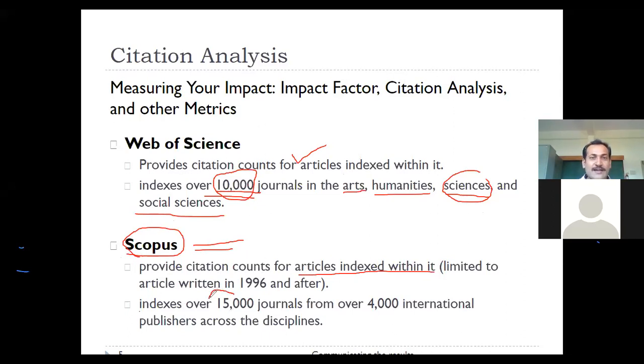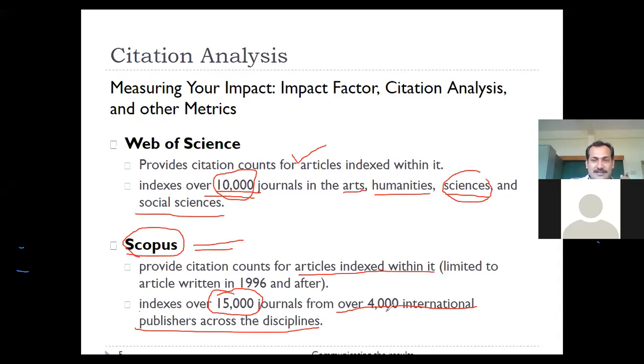So how many articles are indexed? 15,000 journals are indexed in Scopus, and over 4,000 international publishers, various publishers, are indexing the journals, right?